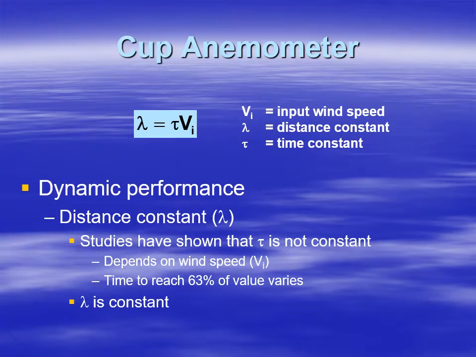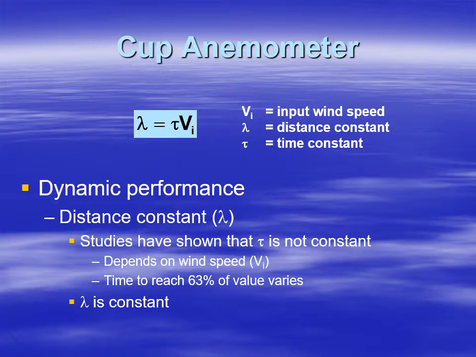Now, the tricky thing, though, is that the distance constant is constant, but the time constant is not. By definition, we said that the distance constant is how far the wind has to travel past a cup to bring it to within 63.2% of the final value, or register 63.2% of the change.